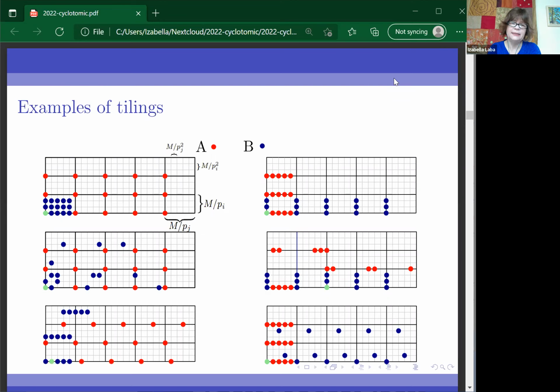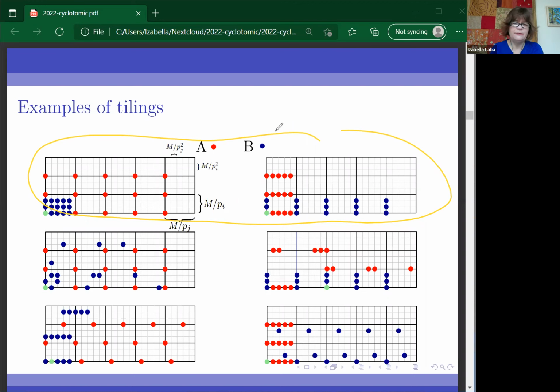The red points represent A, blue points represent B, and there's one green point in each picture, which represents a point that belongs to both sets. And so we start with the tilings here at the top. Those are kind of nice and regular. And then we try to look at how we can mess them up and still preserve the property of tiling.